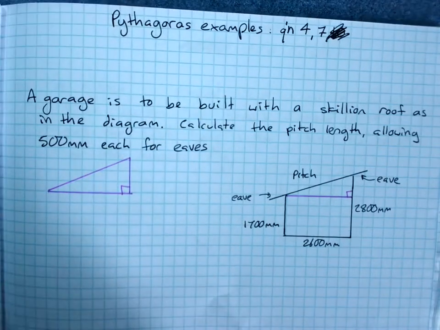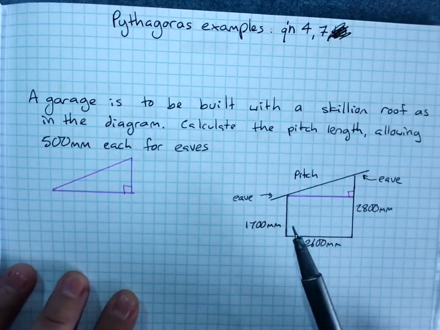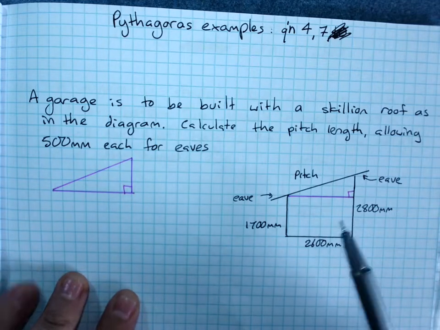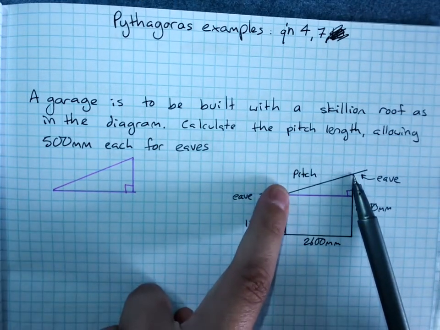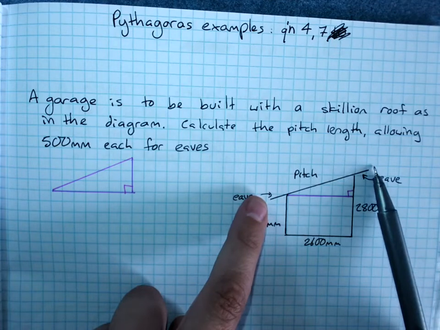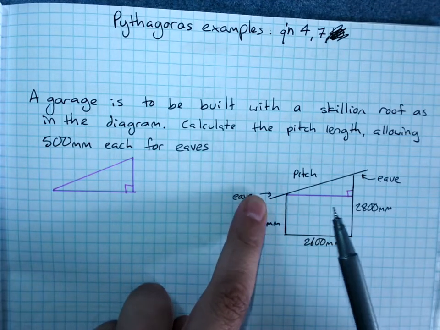The aim is always, of course, to find a right-angled triangle, either one that will let you get the answer, so this will let me find that distance there, and I'll add 1,000 millimeters in total for the eaves.